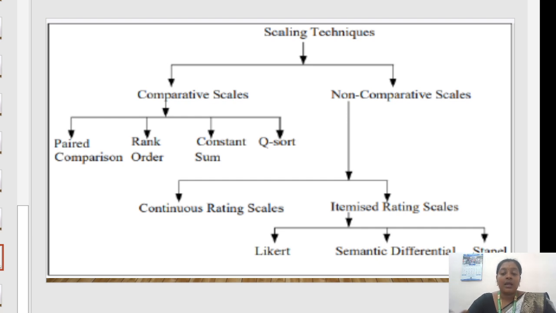So finally, I would like to conclude today's discussion. Measurement and scaling form the foundation of scientific research, enabling researchers to quantify abstract concepts and analyze them systematically. Sound measurement requires reliability, validity, and practicality, while appropriate scaling techniques help capture the intensity and direction of attitudes, opinions, and perceptions.